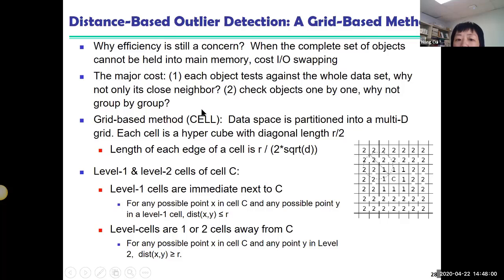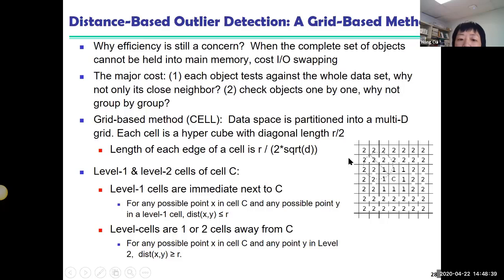Earlier, our distance-based method checks every object and its R neighborhood to see whether it's very, very distant. This CELL method does it in a more efficient way. It does not check every object or all its neighbors. It actually puts the data into groups.